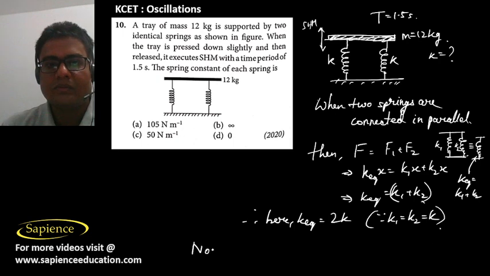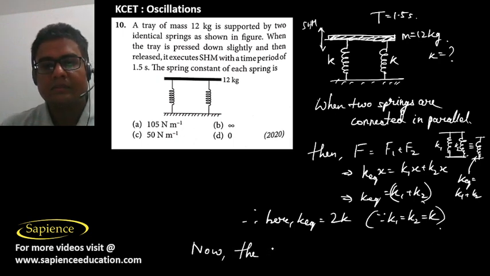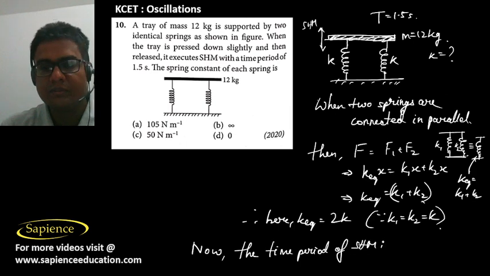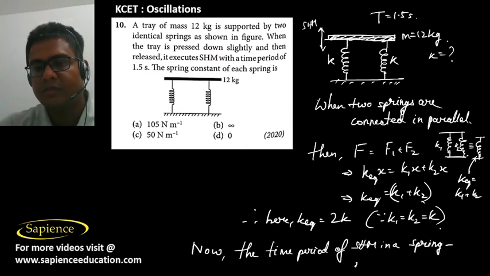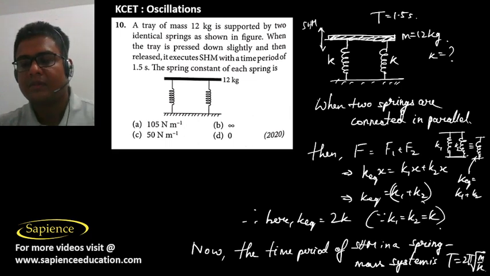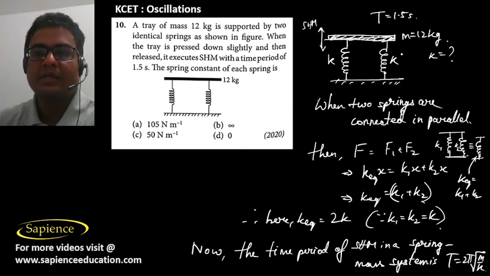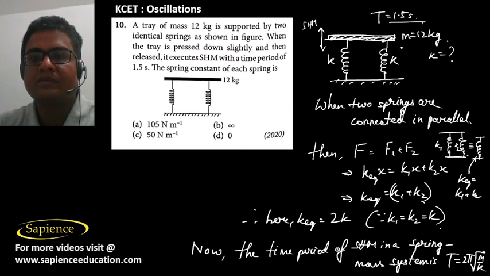Now the time period of the SHM in a spring mass system is given as T equal to 2 pi root under m by k. That time period is given as 1.5 seconds, and the spring constant k we have to find.